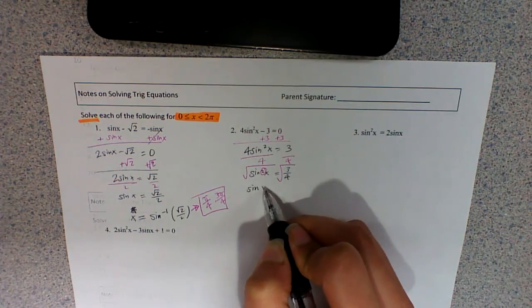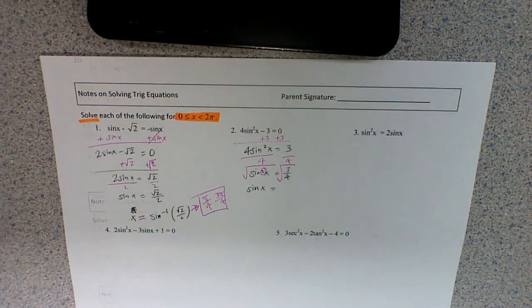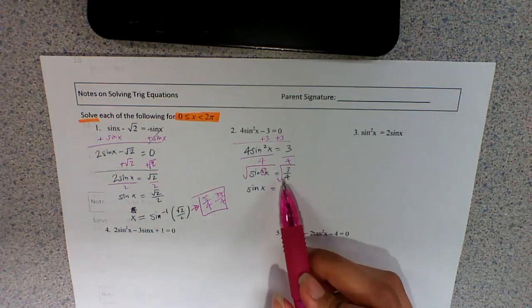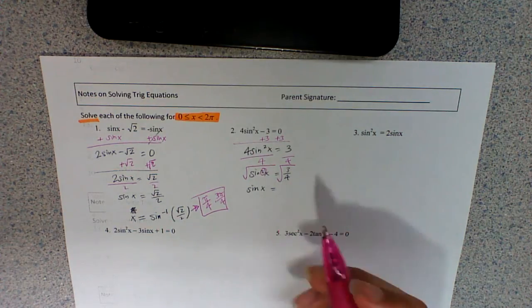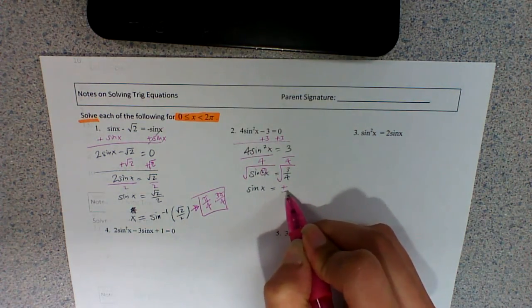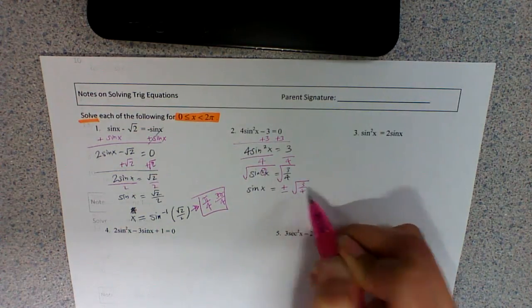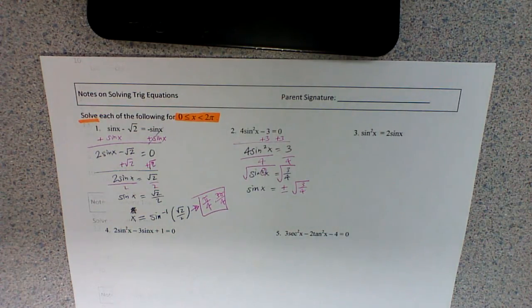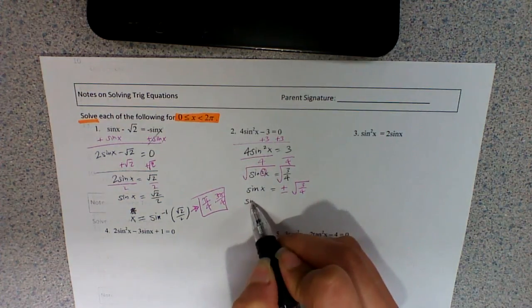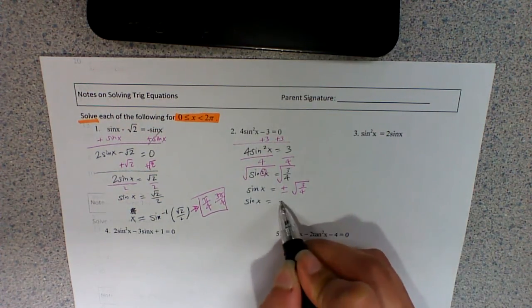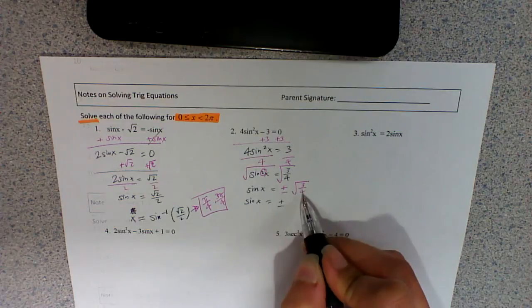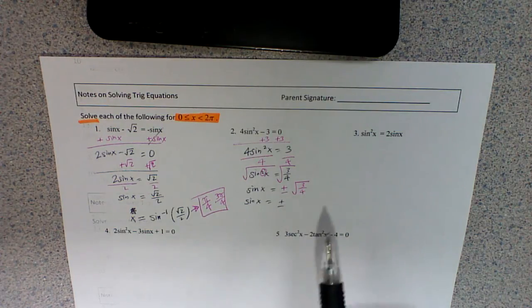So you do get sine of x by itself here on the left side, but because we've put in that square root where it did not originally belong, I need to make sure that I cover that. I justify it with a plus or minus in front of the square root of 3 over 4. So now sine of x equals plus or minus square root of 3 over 4. Now what I'm going to do is to actually simplify that.